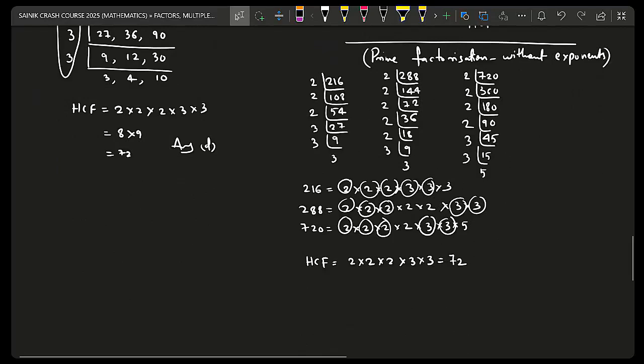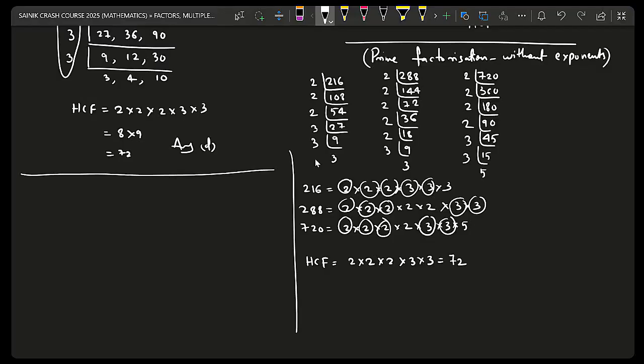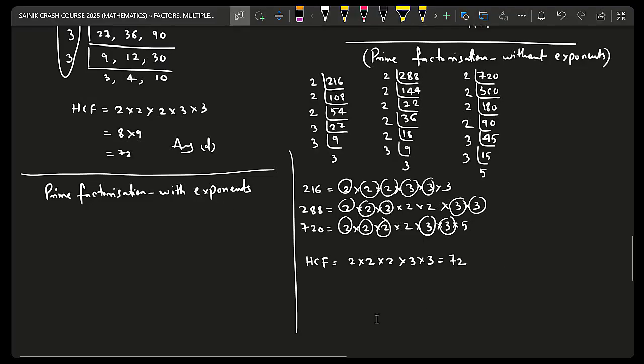Who will explain? Arush, can you explain in any other method? Yes, sir. Prime factorization with exponents. Sir, it is not visible. Not visible? What you are writing, I can't see. I think you moved your screen to the left or right.